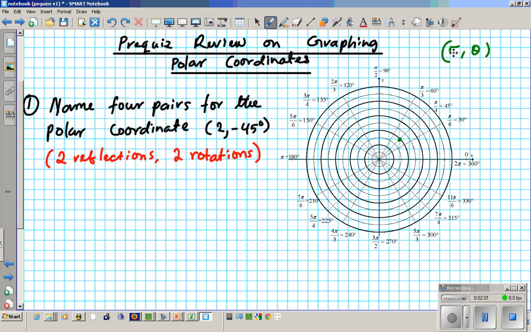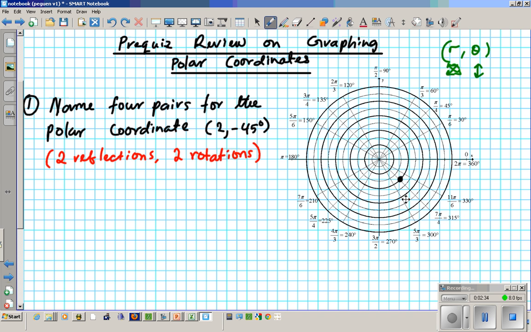A negative radius means you reflect across, and a negative angle means you go up or down. In this case, we have a negative angle, so we reflect straight downwards. So (2, -45) is going to be somewhere here, a consequence of the downward reflection, or you can rotate 45 degrees down here. Okay, so there's (2, -45).